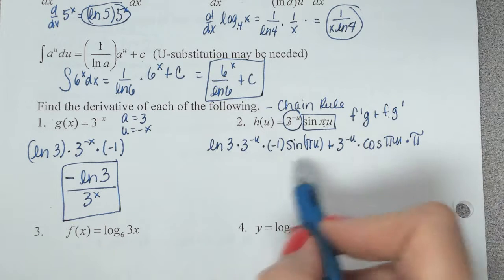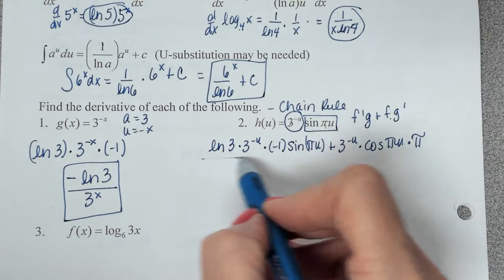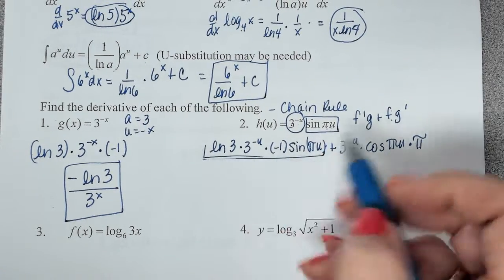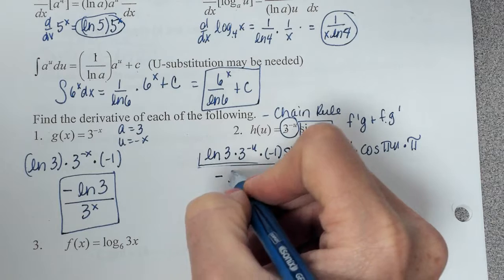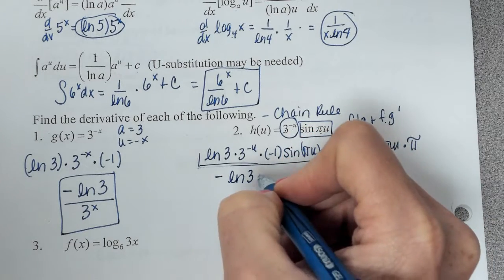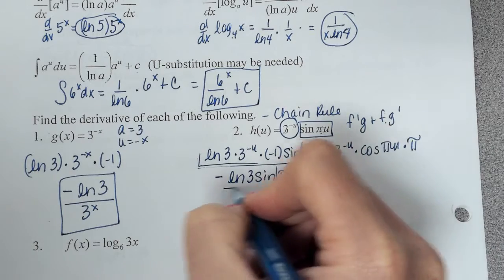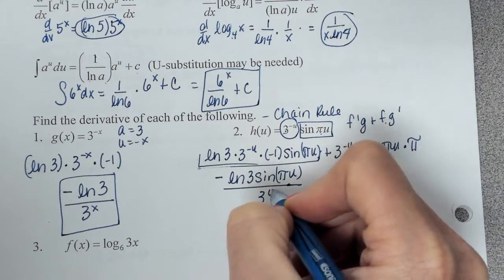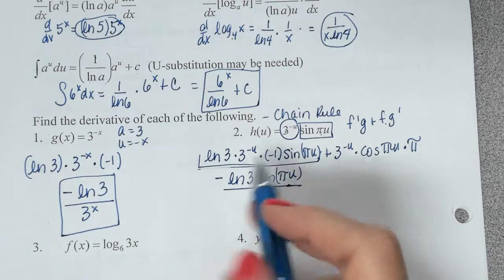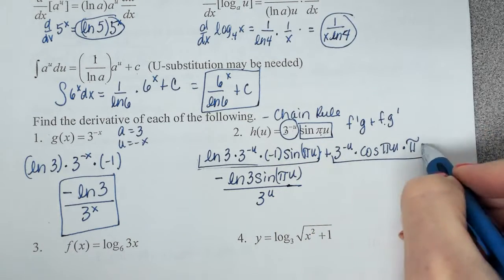And now we're just going to simplify this. So here's my first term. This is going to be negative the natural log of 3 sine of pi u over 3 to the u. Here's my second term right here.